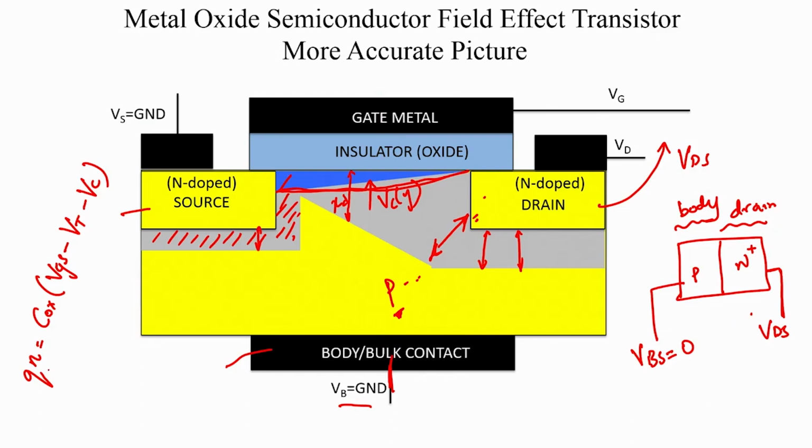So, we said that Qn is equal to Cox into VGS minus VT minus Vc, but the problem in assuming that XD is constant everywhere is related to the threshold voltage. Why is it related to the threshold voltage? What is the threshold voltage? The threshold voltage has got 3 milestones. For accomplishing the threshold voltage, you need to first get to flat band condition.